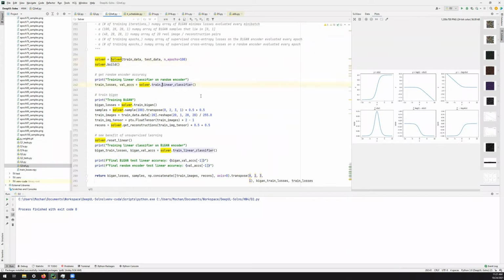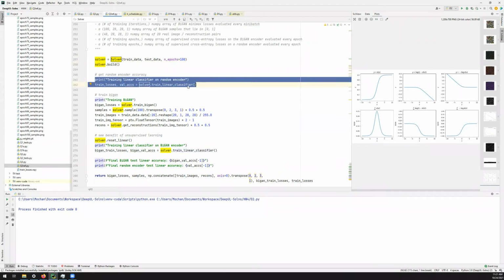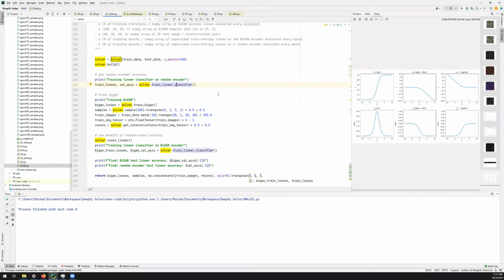So we first do the random encoder training classifier, right? Instead of doing everything and then resetting it, let's just get the linear classifier done at the beginning because the encoder has random values on it.